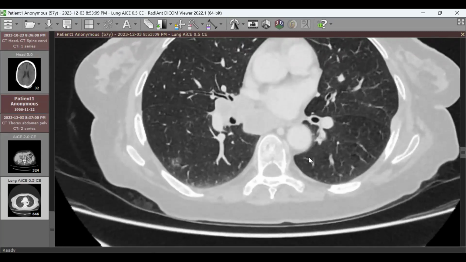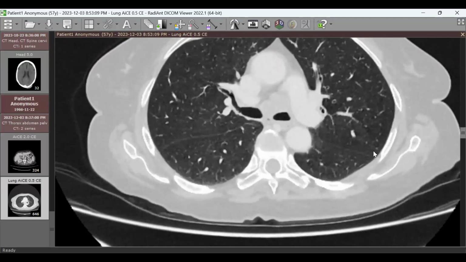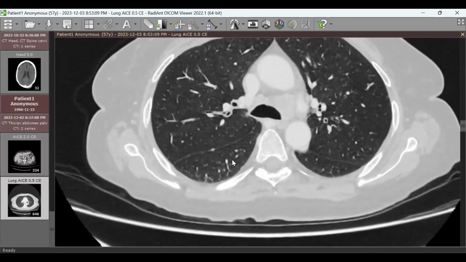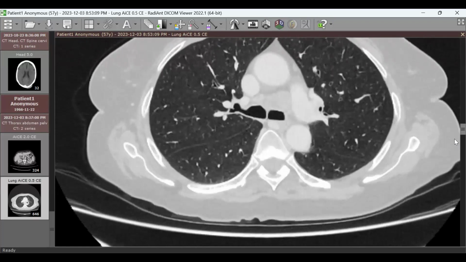So another thing I want your opinion on is this nodule here. This one is a fissural nodule. Normally, fissural nodules are most likely benign. Okay, that's perfect. Cleared that.